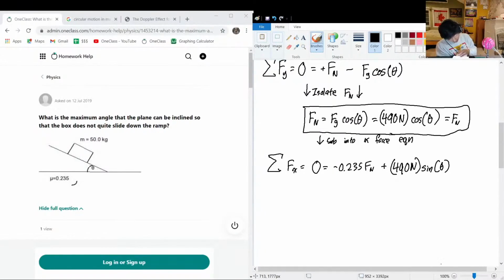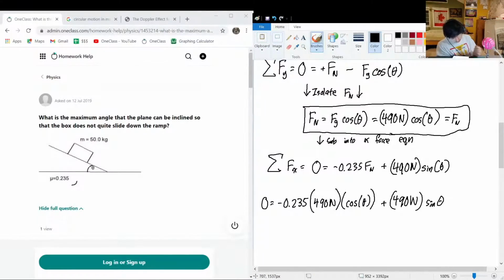So we have 0 equals negative 2.35. Whoops, not 2.35, 0.235. 0.235, and we have to sub in this whole thing for Fn. So we got 490 newtons multiplied by cos theta, and plus 490 newtons times sine theta.